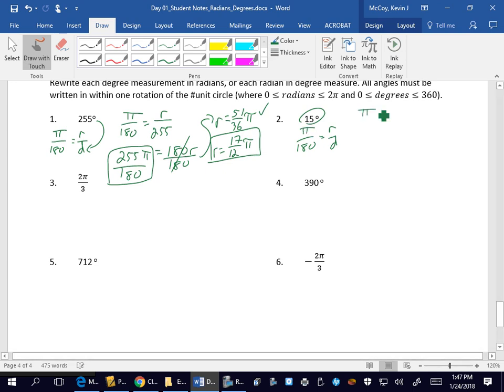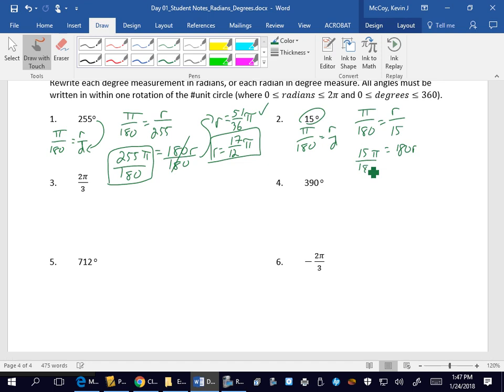So pi over 180 equals r over 15. Cross multiply, 15 pi equals 180 r. Divide both sides by 180.